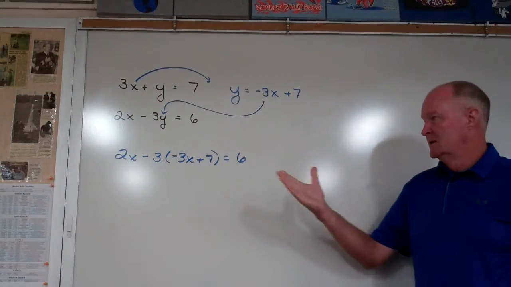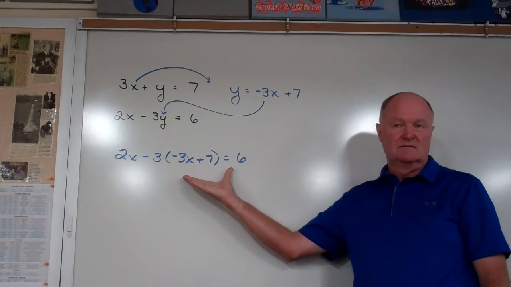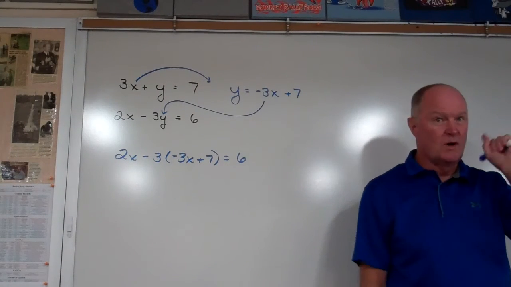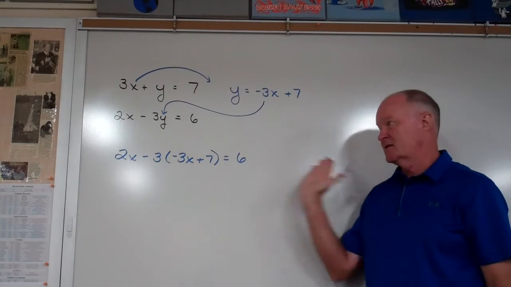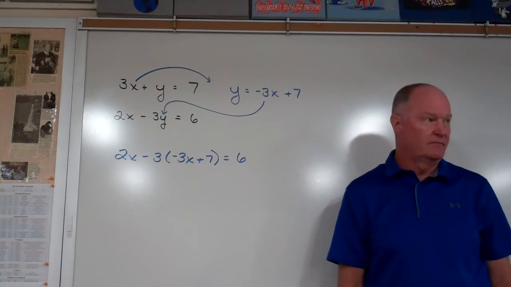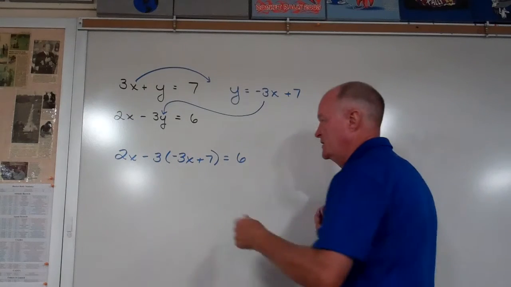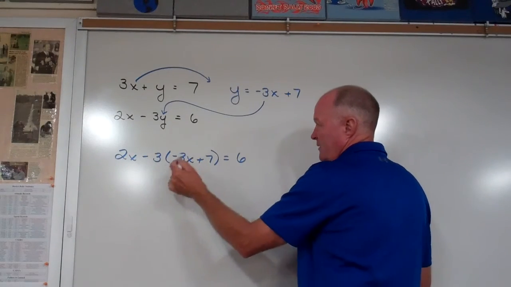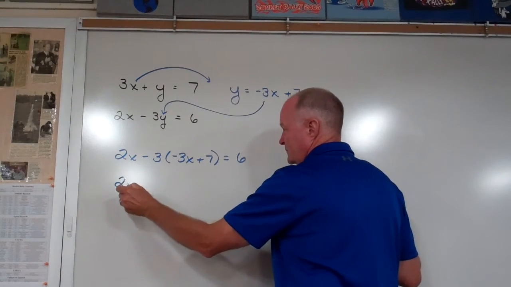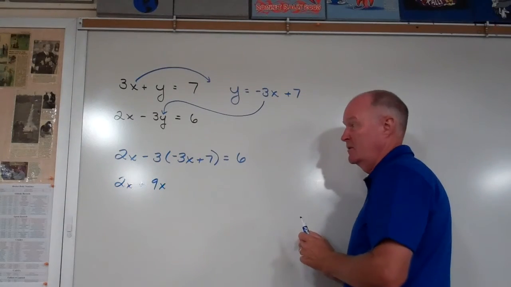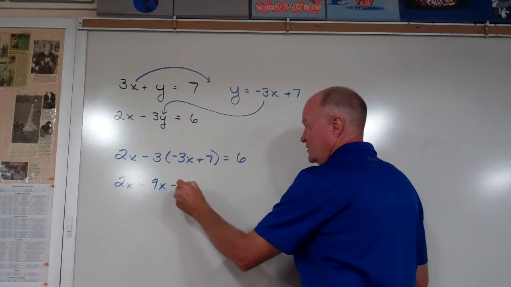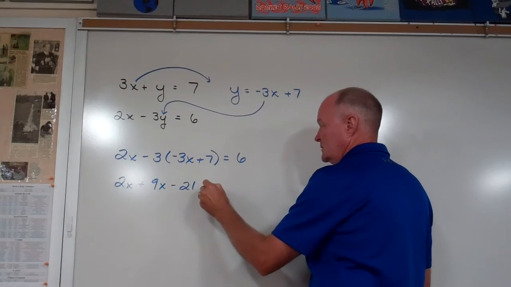Okay. So I've got all of that, and now it's one letter with one equation, and I can find the x coordinate playing Algebra 1. Okay. So I'm going to distribute the negative 3. Negative 3 times negative 3x is 9x, minus 21 equals 6.